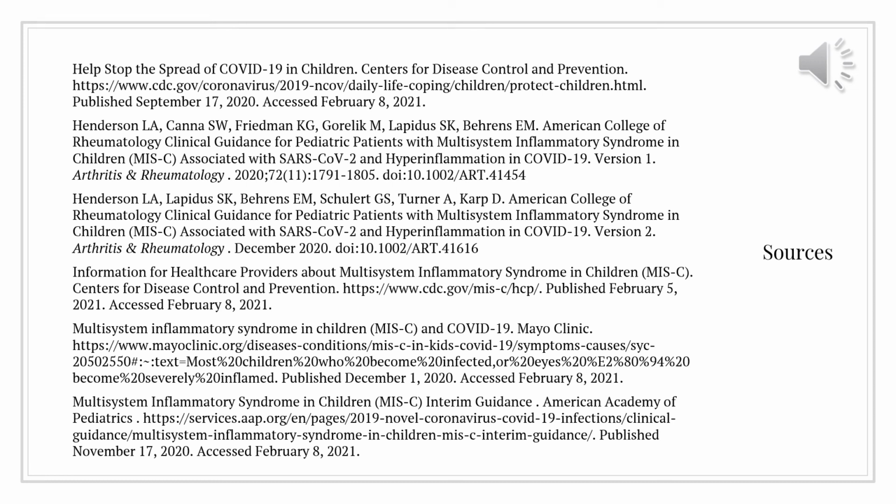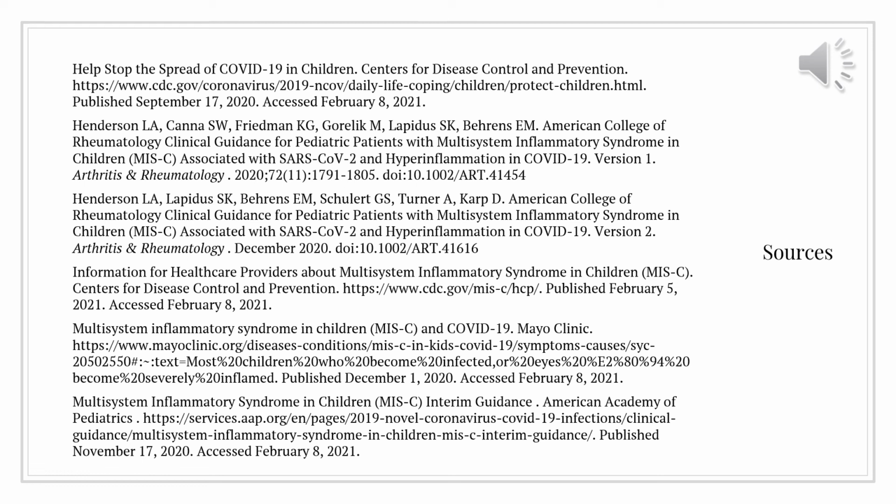For those of you that would like to research further into MIS-C, here are some good resources. The guidelines I presented today were both based on the American College of Rheumatology Guidelines, version 1 and version 2, which is an update that was compiled in December of 2020. The CDC provides useful up-to-date tracking of the most recent reports on MIS-C and is also where you will go to report any MIS-C cases.